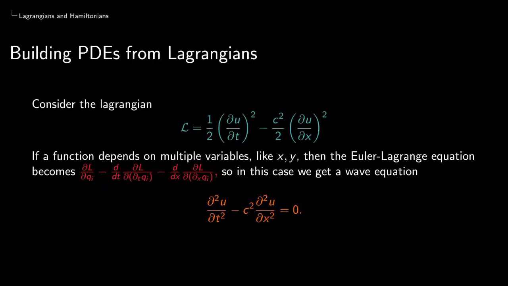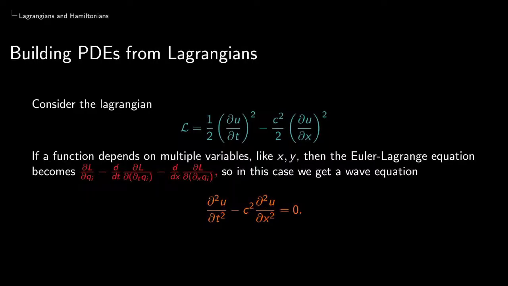Now, another thing that can be done with a Lagrangian is it can be used to build up a PDE. It works in a similar fashion as before, but instead of having one dependent variable, you have two dependent variables, in this case t and x.